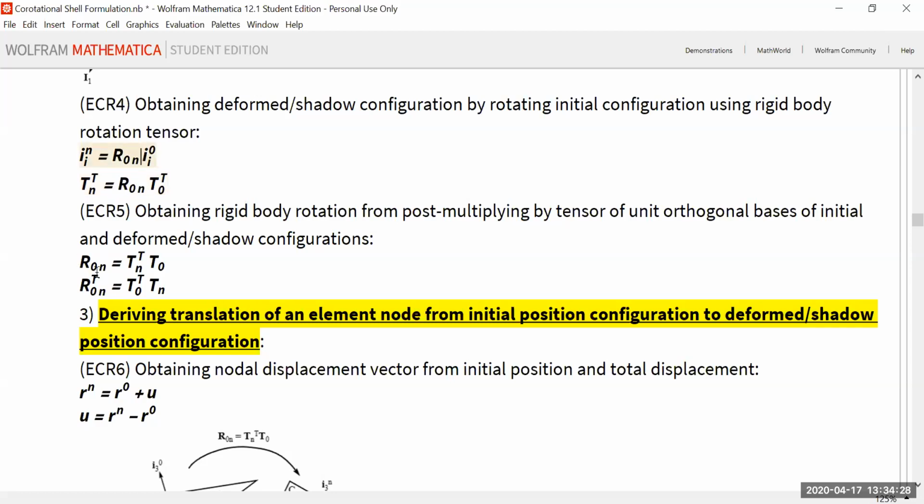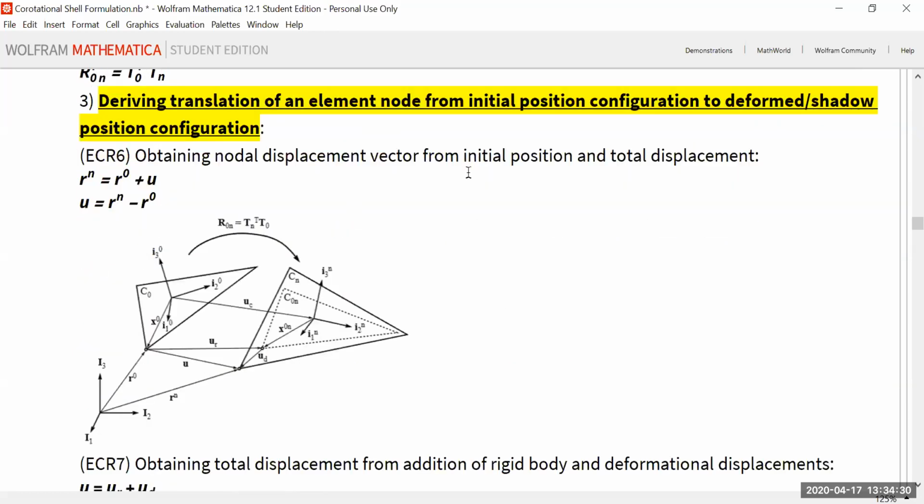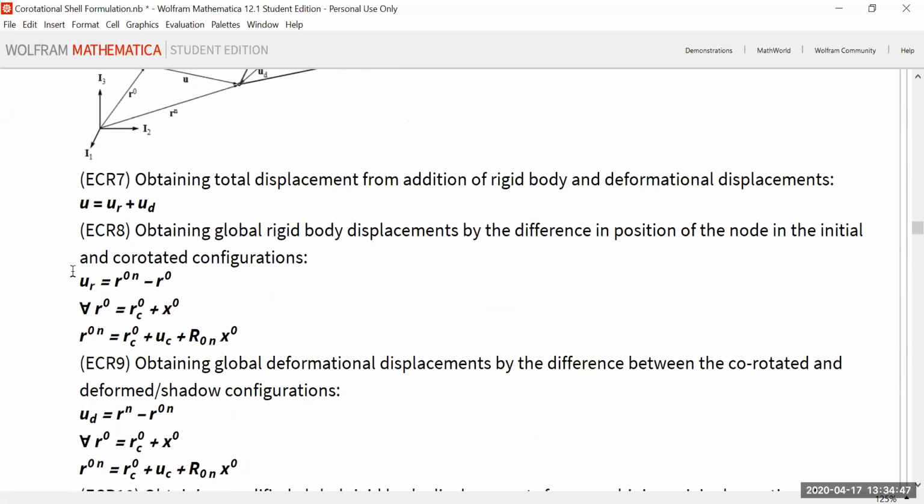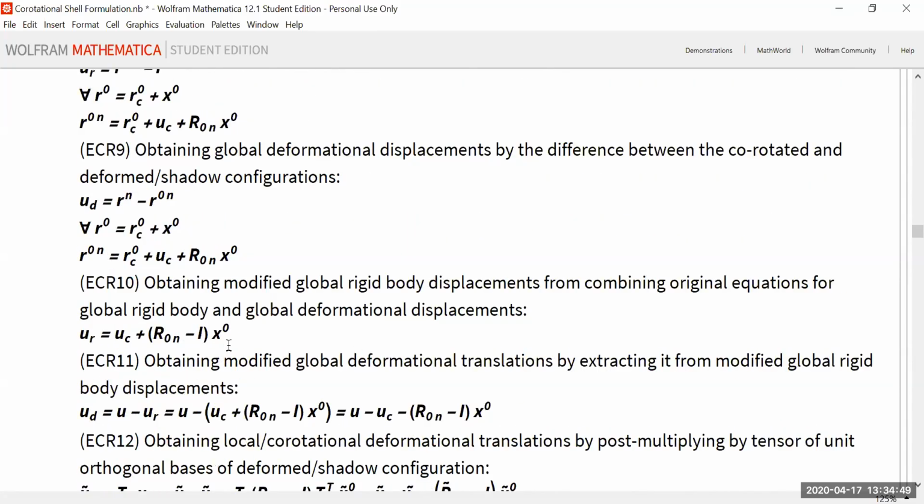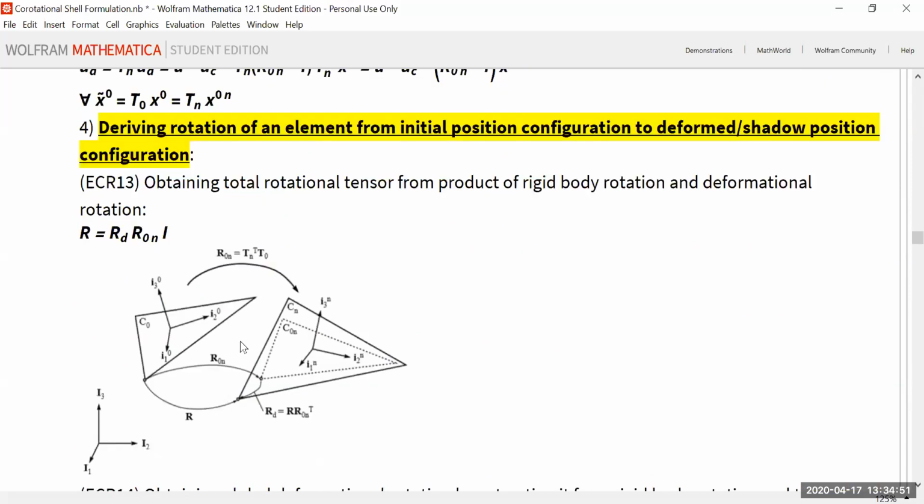And then the next thing is, how are we going to get the translation from the initial position to the deformed? So we're going to use a rotation tensor, this R, and that's what I'm doing here. All right, and then the next thing is, with that translation, we want to know now how you get the rotation.